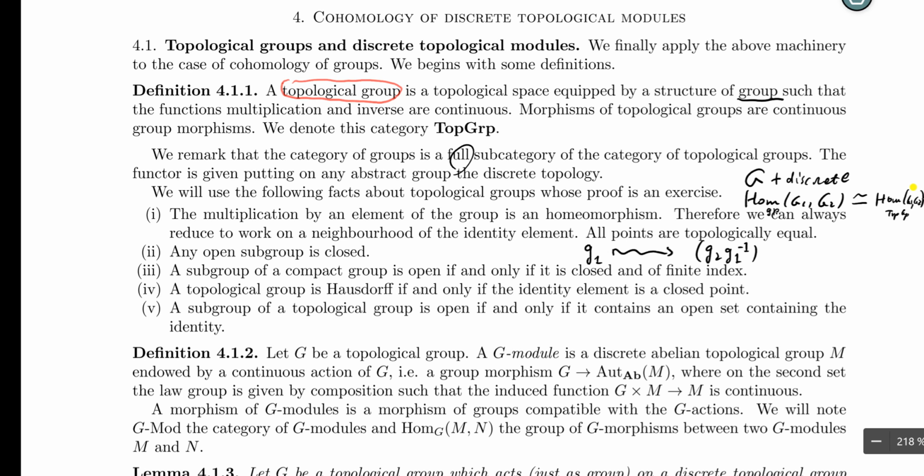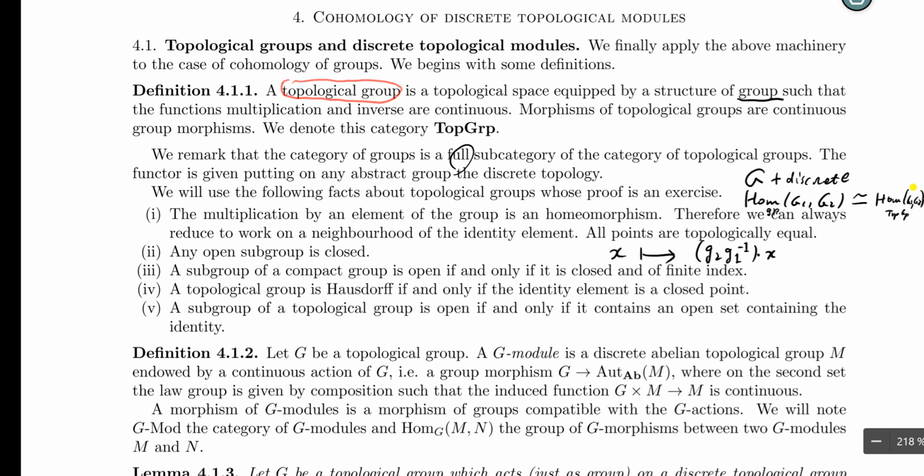Multiplication by an element, for example multiplication on the left, maps g1 to g2 and the neighborhood of g1 to a neighborhood of g2.